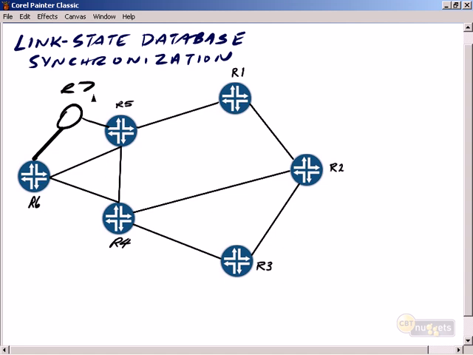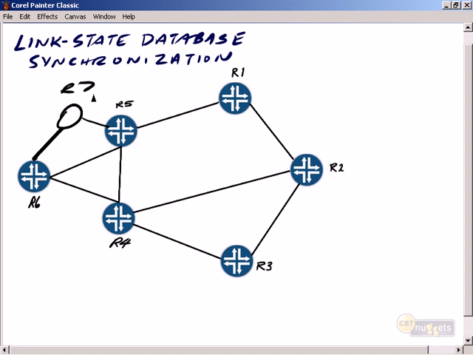And it's also not scalable once we get beyond 10 routers. But we still have that mandatory aspect that says every router has to have the same database. So how do we allow a new router to come onto the network and build its database without requiring extensive reflooding on all of the other neighbors in the domain?